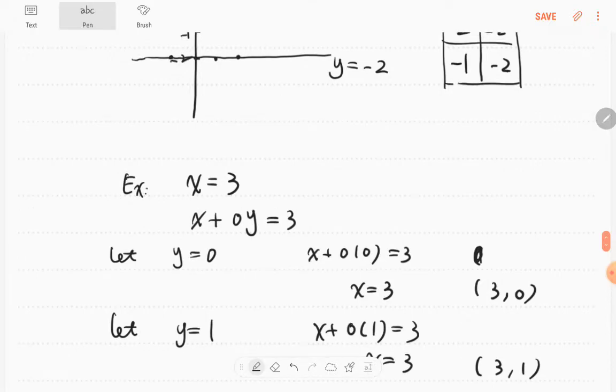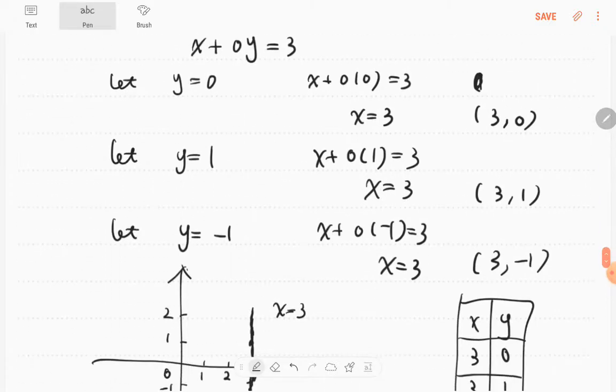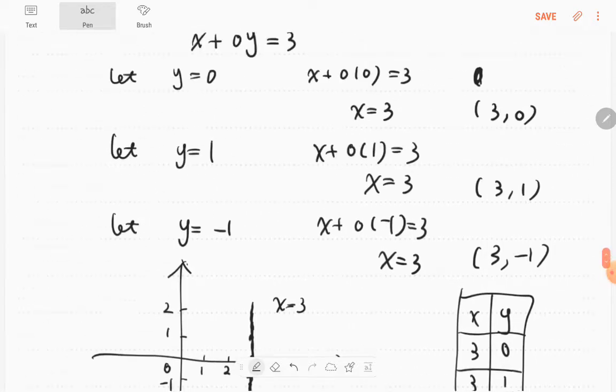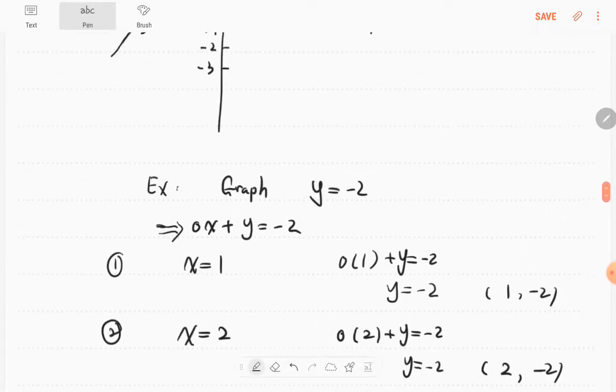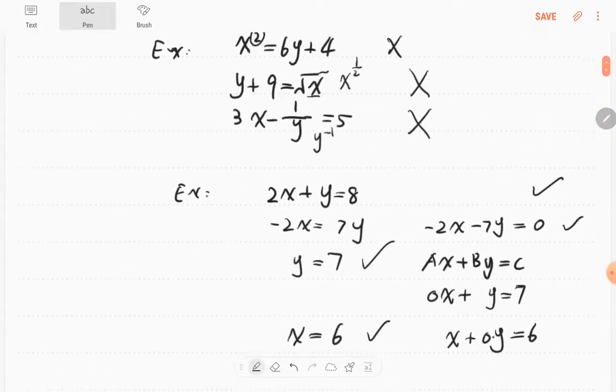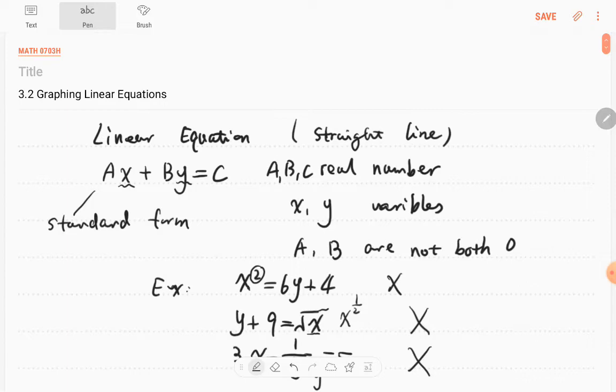So this section is all about how to graph the linear equation. So first, we know what a linear equation is. A linear equation should follow the standard form. Both a and b cannot be 0 at the same time. They are not both 0.